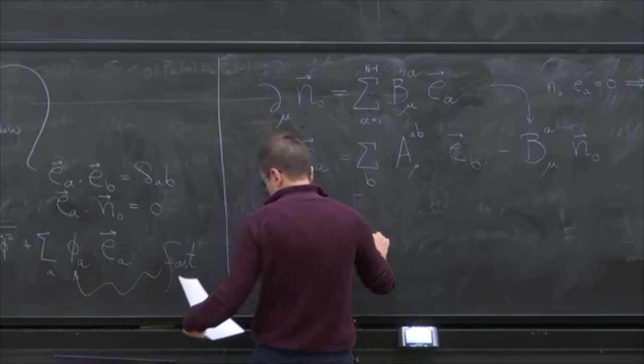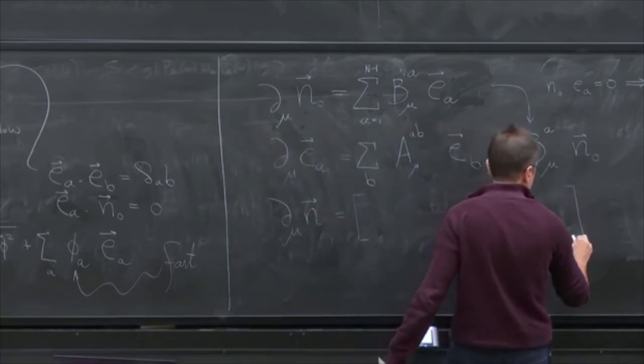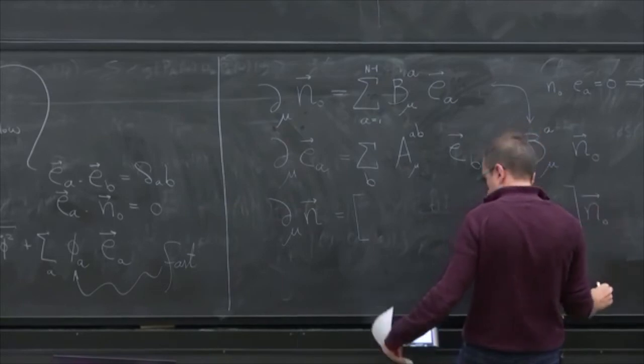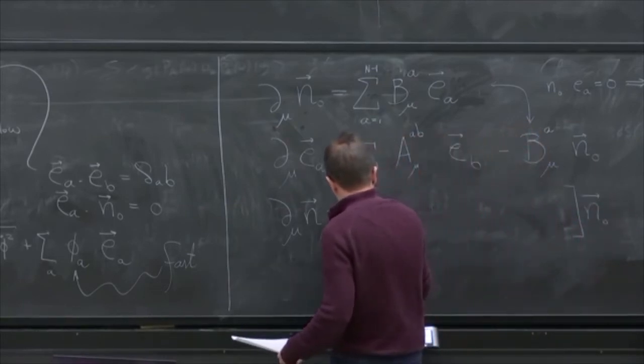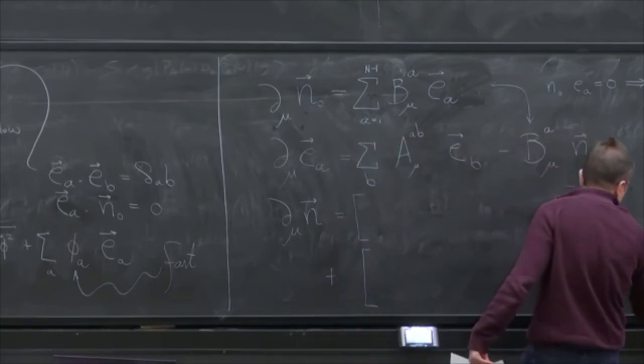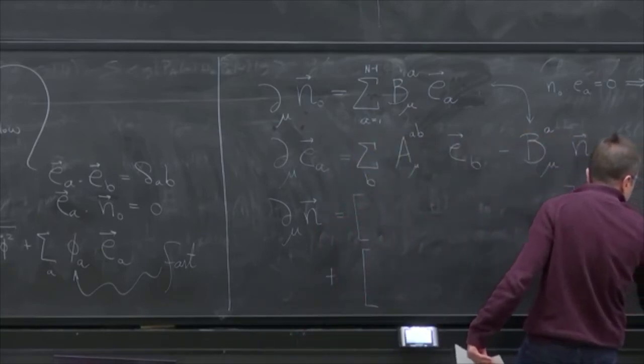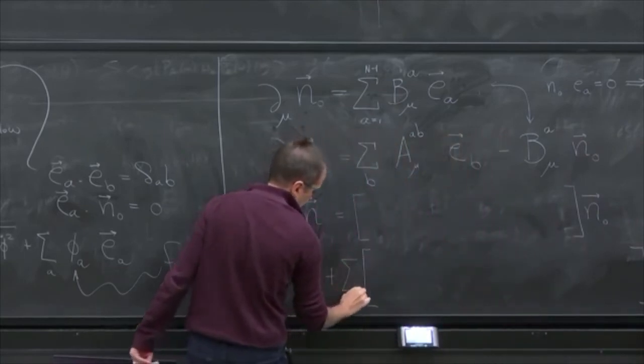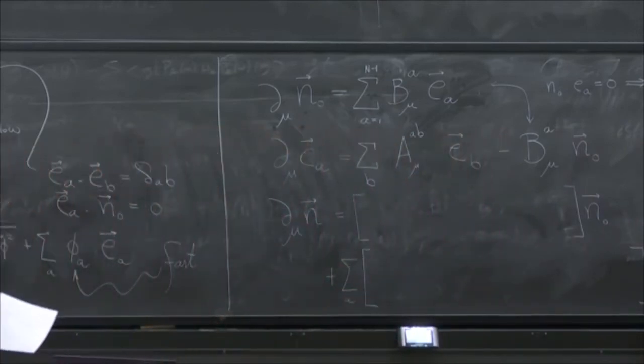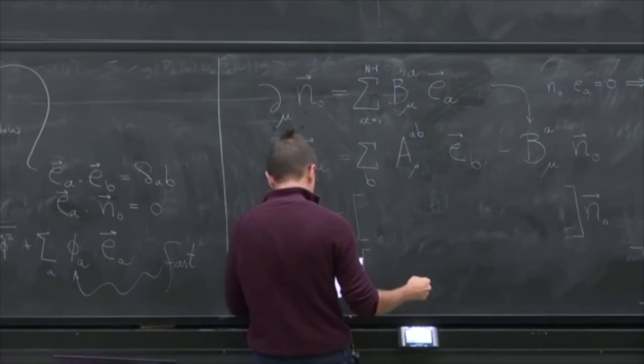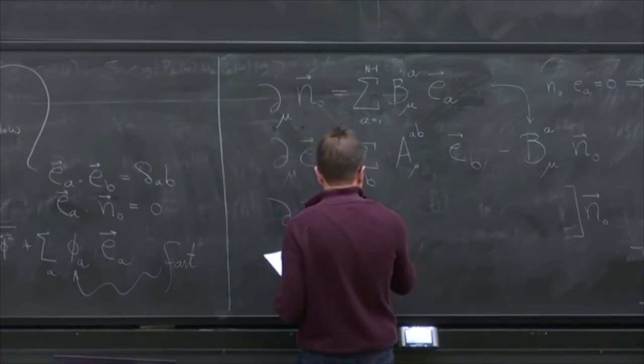Let's say there is something times n0, and then there will be plus something else times EA, sum over A. So let's see. The derivative, if it acts on n0, no. But if it acts on the square root, you still get n0, right? So the derivative acting on the square root would give me a derivative of the square root.